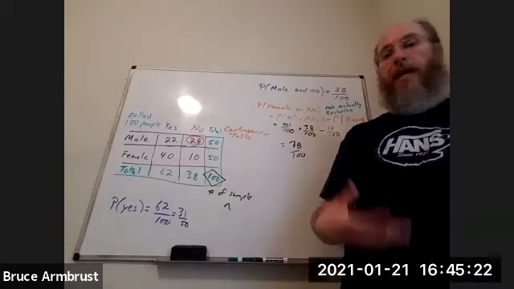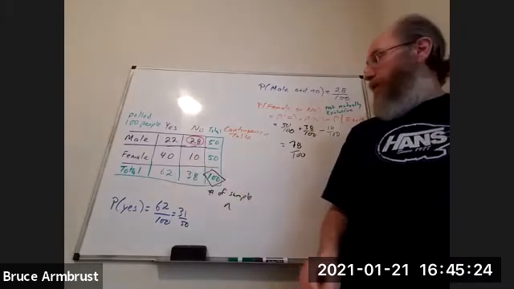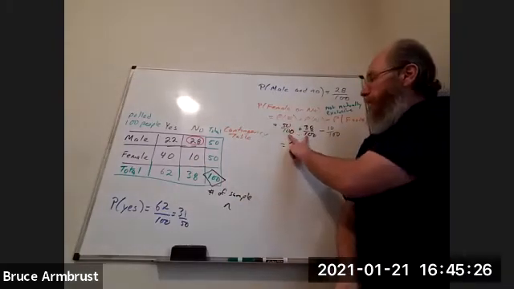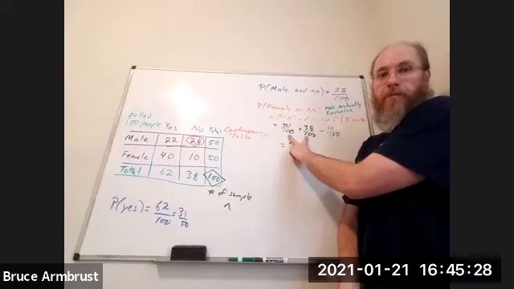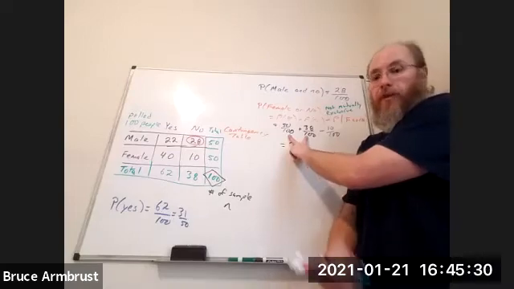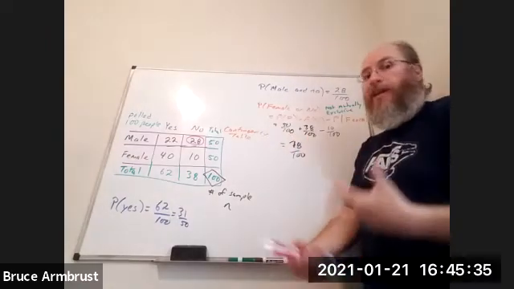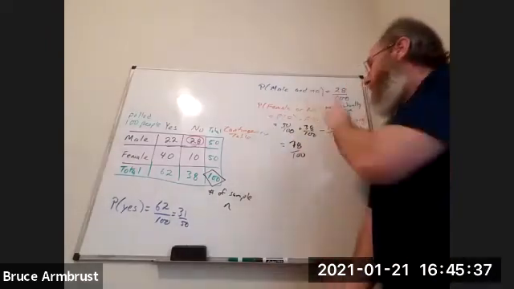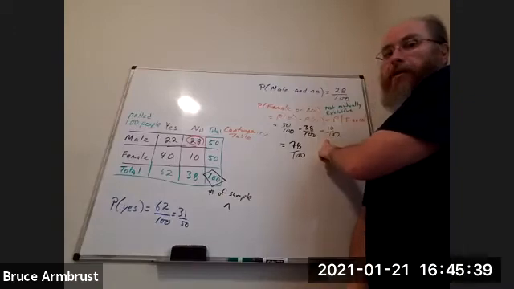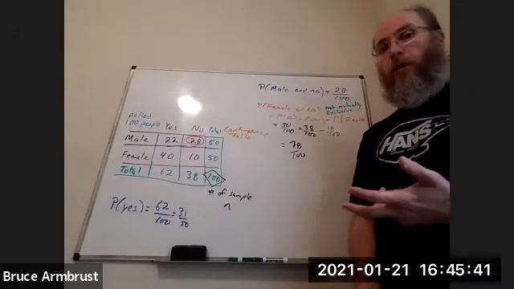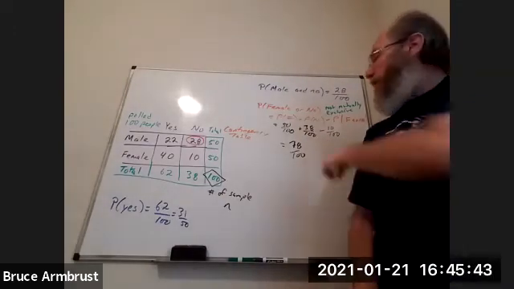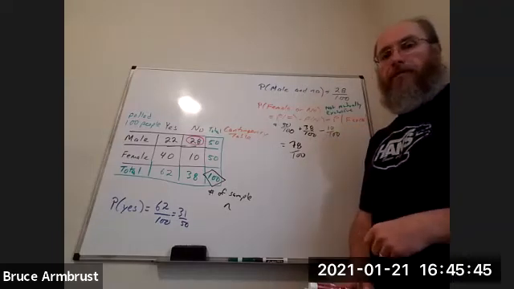So it got double counted. Those 10 people got double counted when I did these two numbers. So if I want to be accurate, I have to get rid of that double count. And so I take it away. If I put it in twice, I have to remove it once. And that's why I subtract it off.